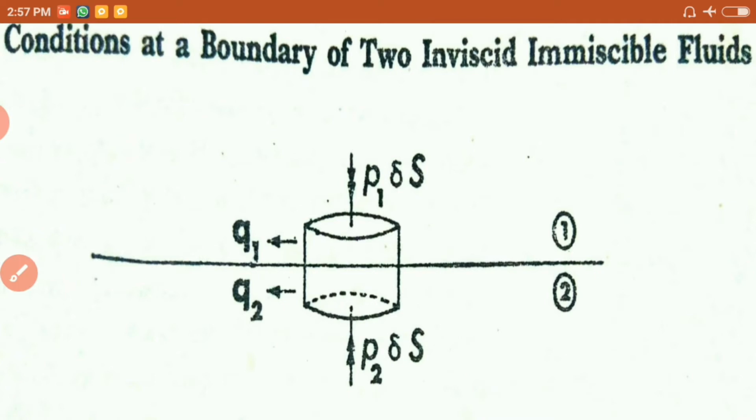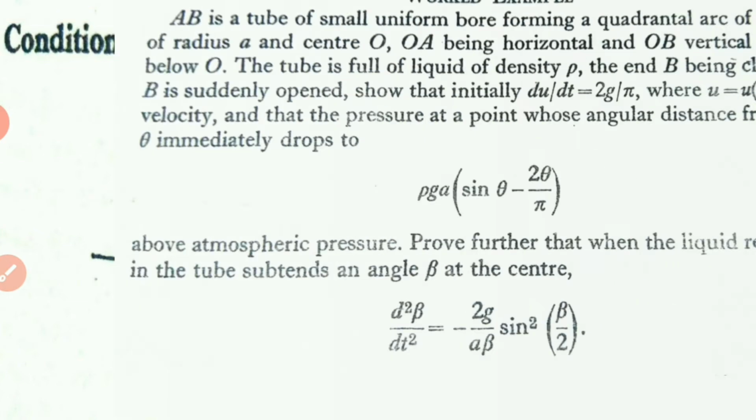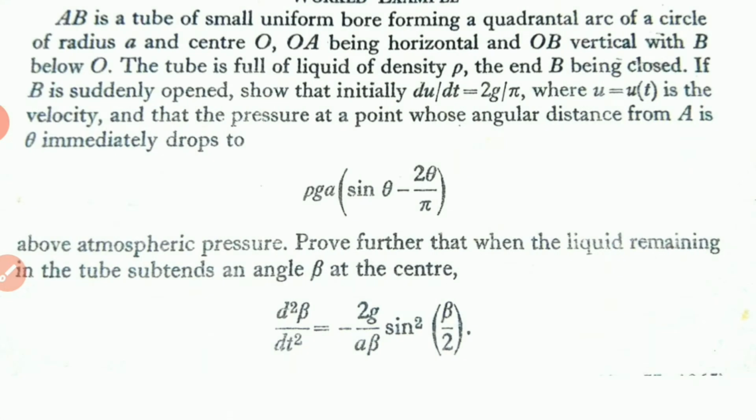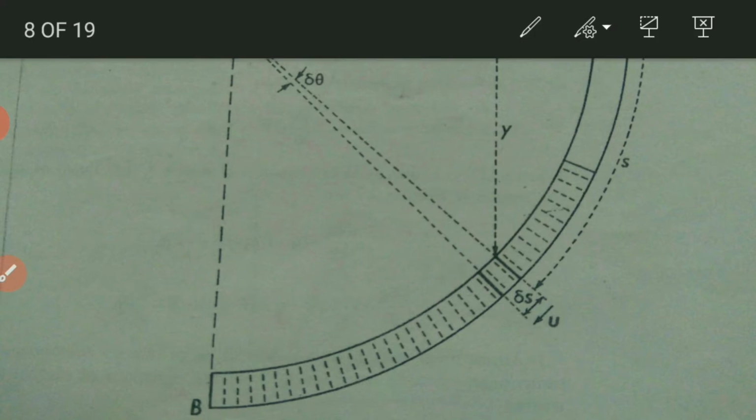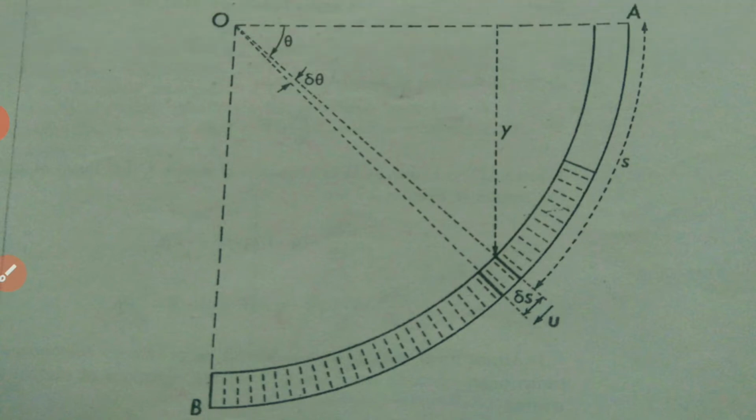Now I will take another example. AB is a tube of small uniform bore.